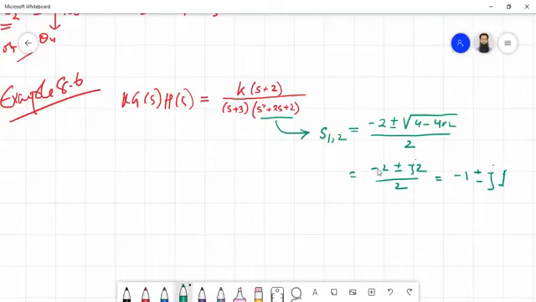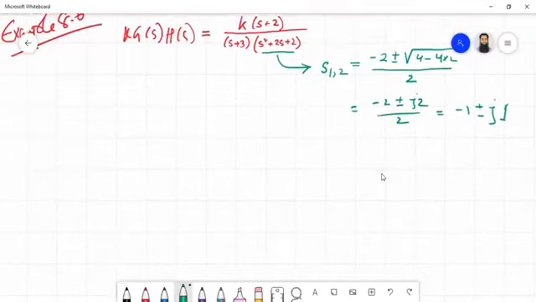Okay, so the first point is to figure out the location of the poles. If you know the location of the poles, then it is easier for us to deal with. So this is what we have.